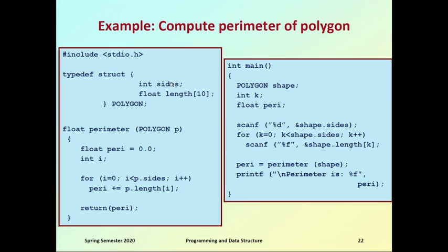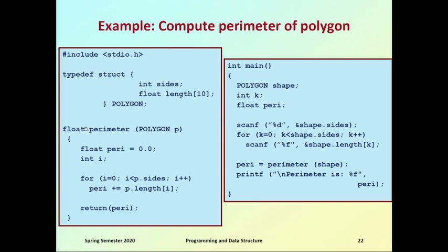Then what is sides? Sides is the number of sides in the polygon, and then the length of each side. Here we have defined length[10], that means a maximum of 10 sides can be considered. So, length[0] to length[9], there are 10 lengths we can define.